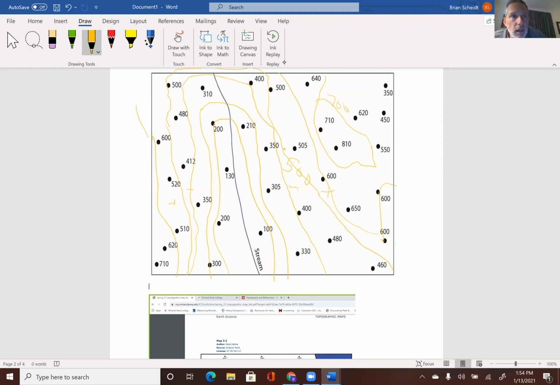Now, I can see this is why you'd want to use pencil on this, because up here I have 600 and I've got some 500 over here. So that means that my 600 line here needs to get adjusted. Now you may say, why, that looks awfully weird.